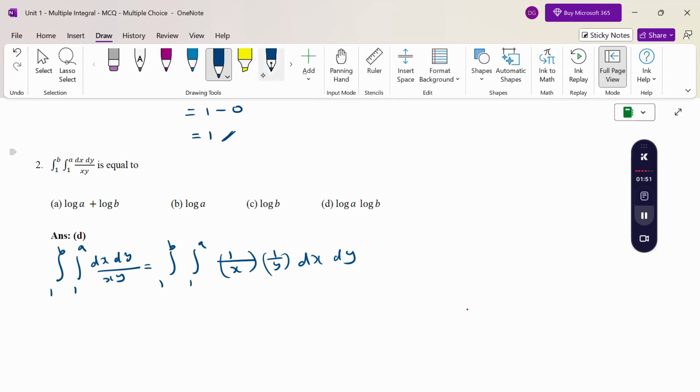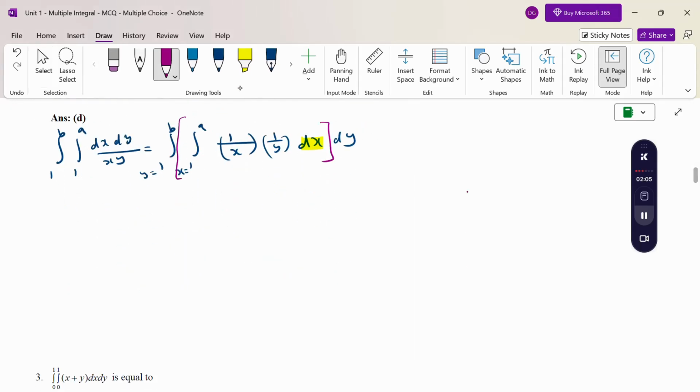The first variable here is dx, therefore we consider the limits first for x, next for y. Now first integration with respect to x: integral dx by x equals log x. When integrating with respect to x, y is considered constant.